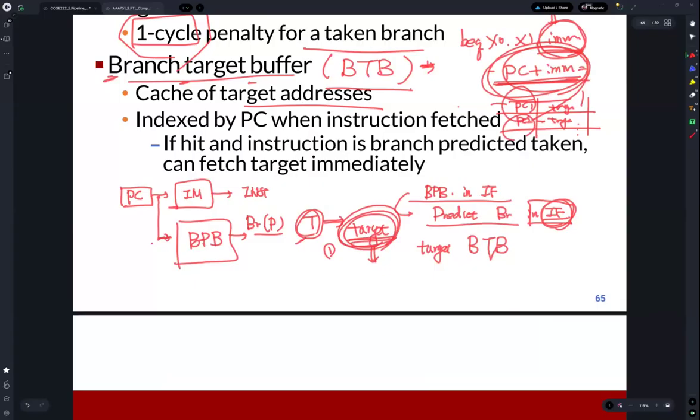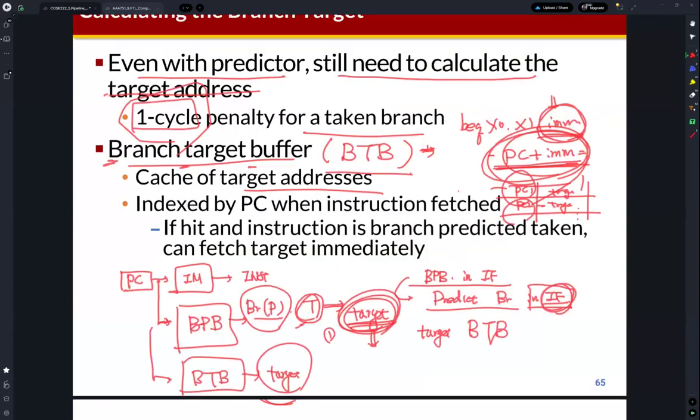By combining the result of the branch prediction, if the result is predicted as taken, then using this target, we just update the PC. So what is the penalty? If the prediction is a hit, then the penalty of a branch instruction is 0.